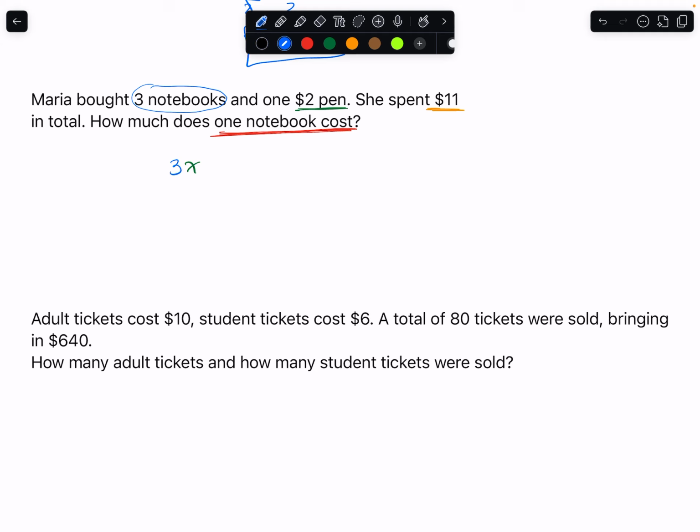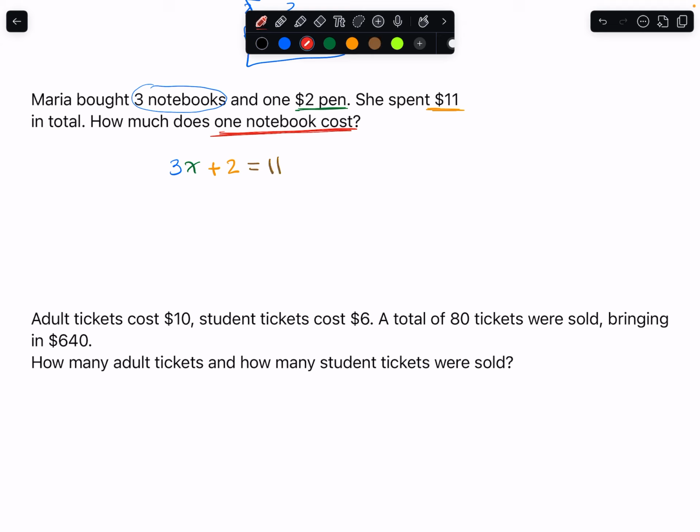So it'll be 3x, which will represent the cost for 3 notebooks. But she didn't only buy 3 notebooks, she bought a $2 pen. So you must add $2. And then it's a total of $11 spent. So this whole thing is equal to $11.